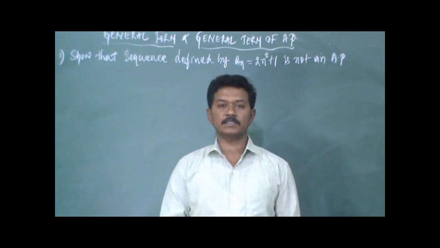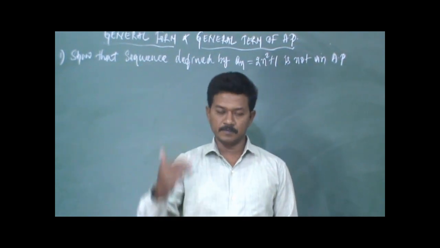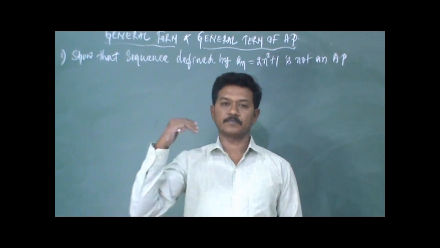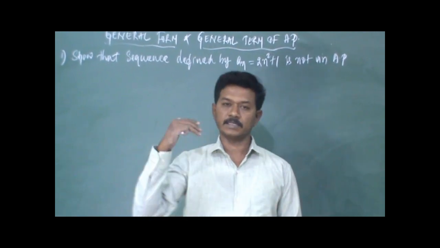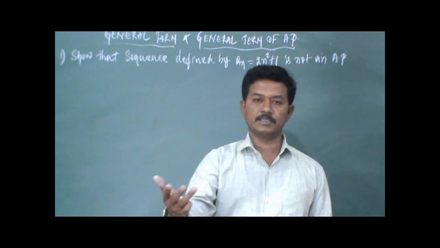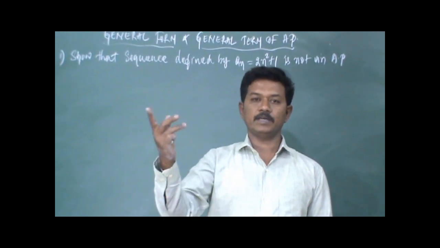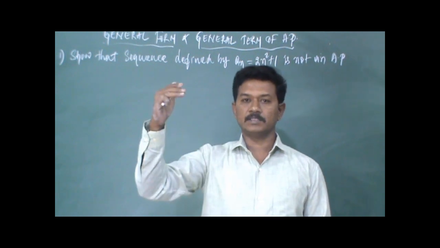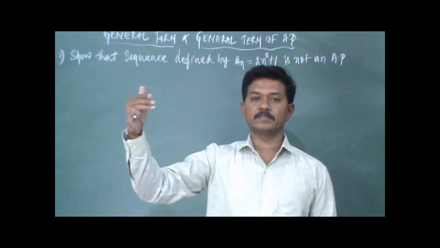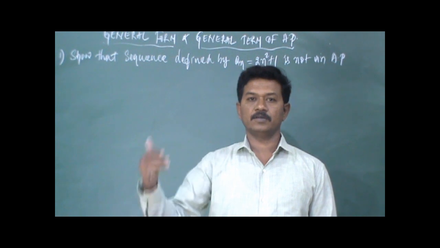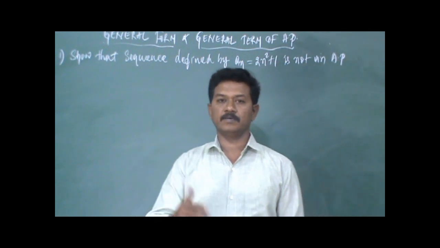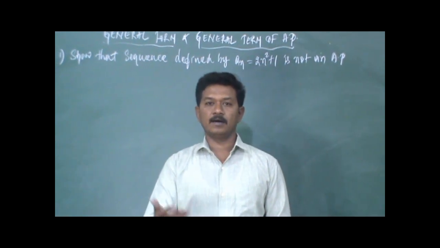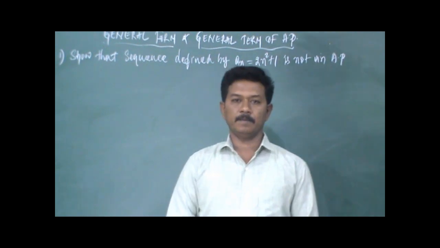Usually what we do is, we take the nth term of that AP, we find its first term, second term, and third term, then do a2 minus a1, then a3 minus a2, and see if the common difference is constant. If the common difference is constant, then we announce that it is an AP, or if it is not constant, then we say that it is not an AP.